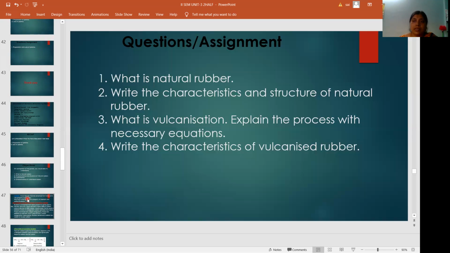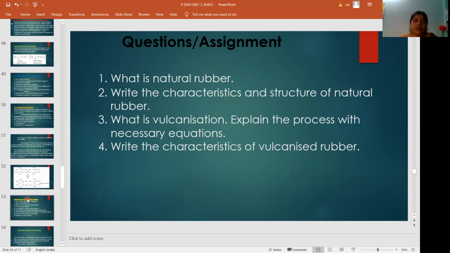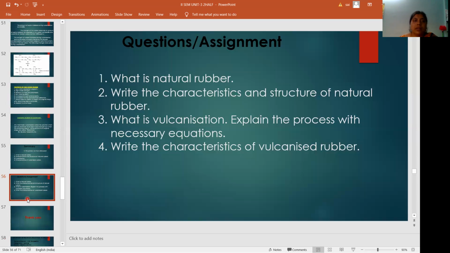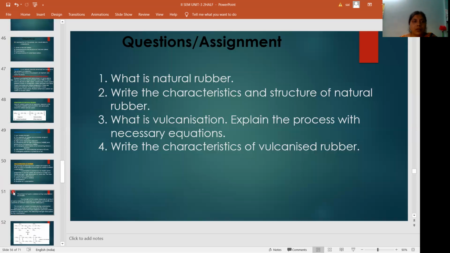In the next class, we will deal with the preparation and uses of synthetic rubbers. Only 3 or 4 rubbers are there, and then you have fiber: the definition, and preparation and uses of 3 fibers. So a very simple topic will be left. With this, we finish half of the rubber topic.